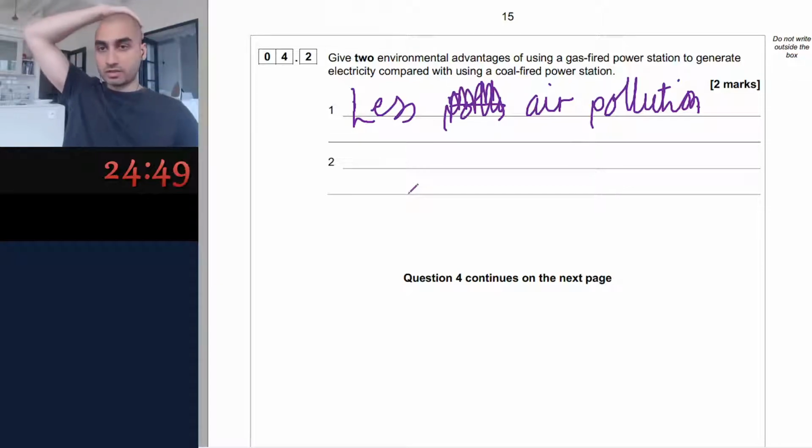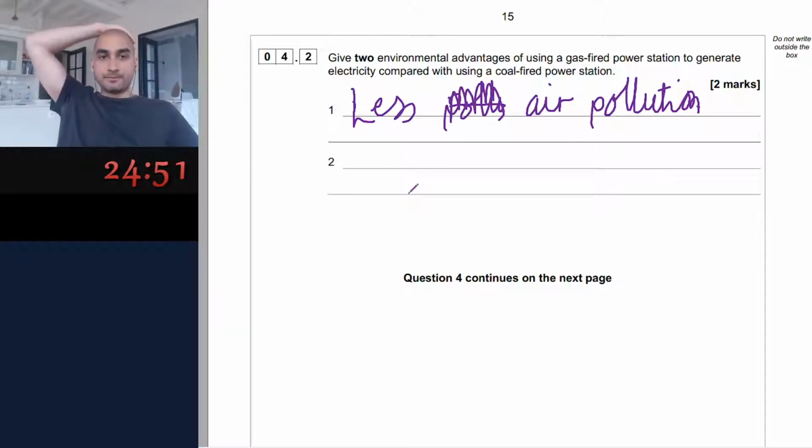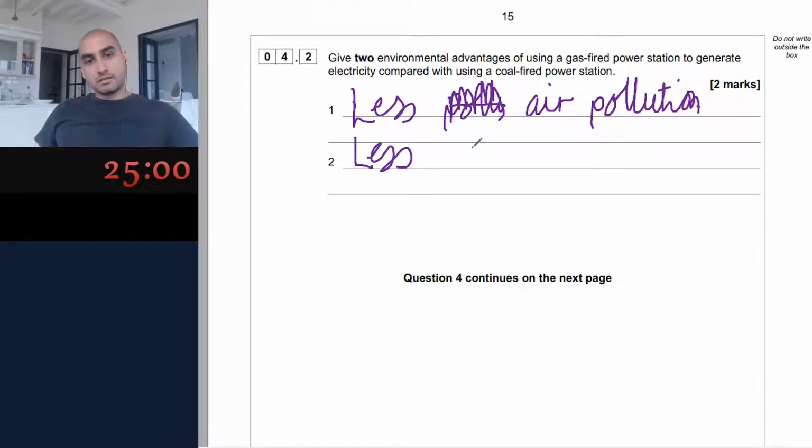Air pollution is one of the biggest concerns, isn't it? What else? Well, when you're extracting coal, less physical damage to... How do I express this?